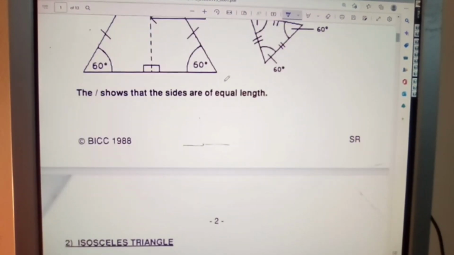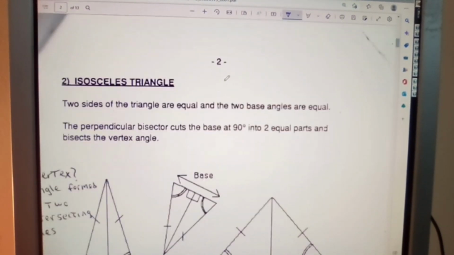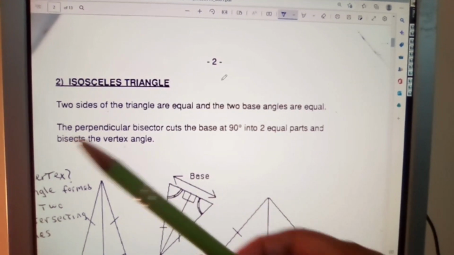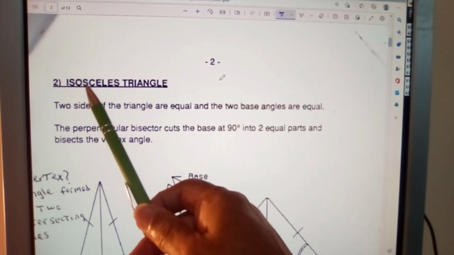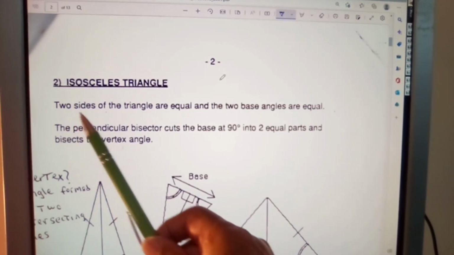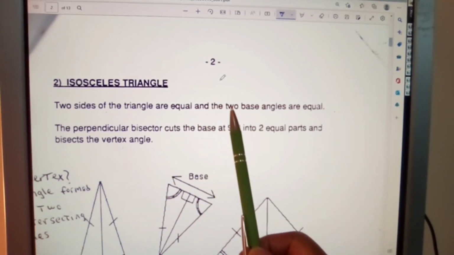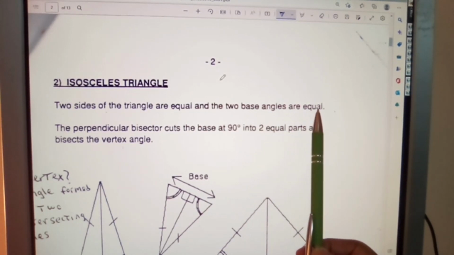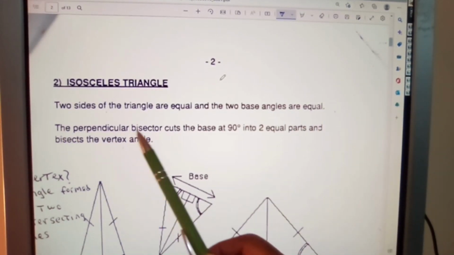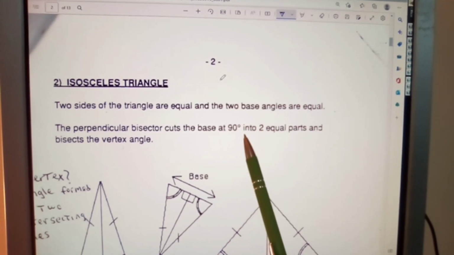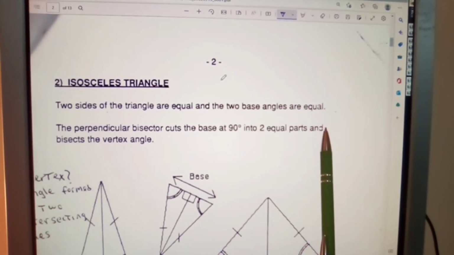Now, isosceles triangle. Two sides of the triangle are equal and the two base angles are equal. The perpendicular bisector cuts the base at 90 degrees into two equal parts and bisects the vertex angle.